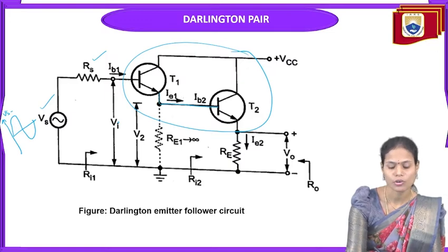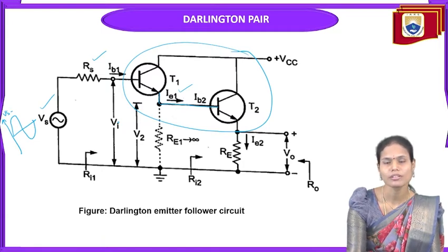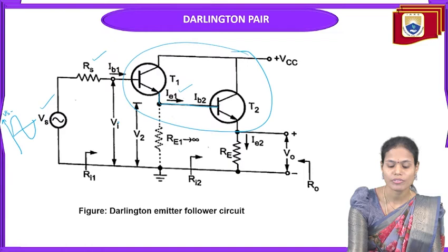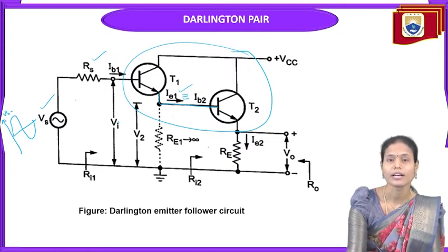The first transistor output current is IE1. That IE1 current we are connecting directly to the base terminal of the second transistor. So always in this particular configuration, the emitter current of the first stage is equivalent to the base current of the second stage. So that's why IE1 is equal to IB2.